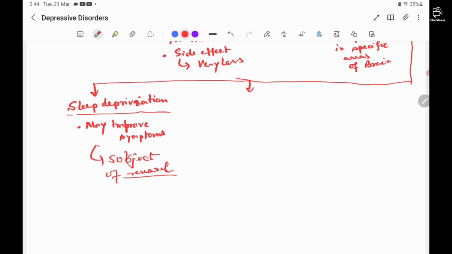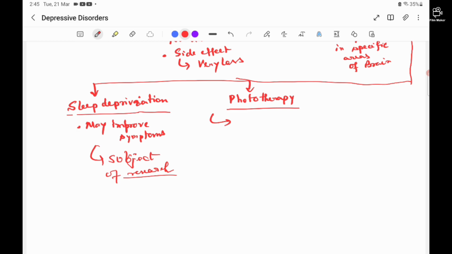And last is phototherapy. Phototherapy is mainly used in seasonal affective disorder, in the types of depressive disorder, seasonal affective disorders. That is, a person feels depression only in some specific season, maybe in winter or autumn or summer.